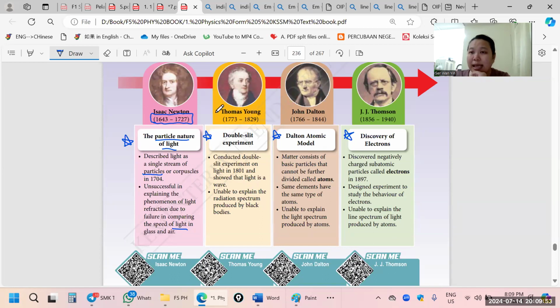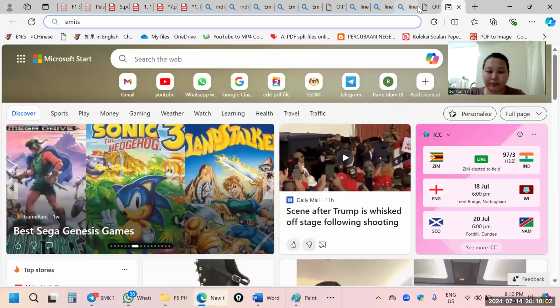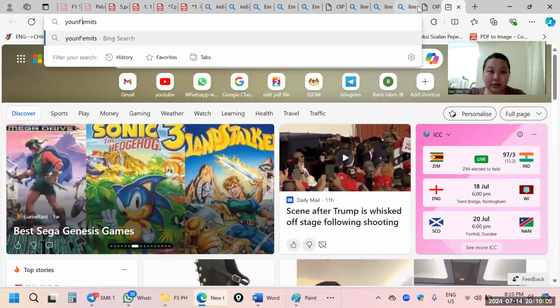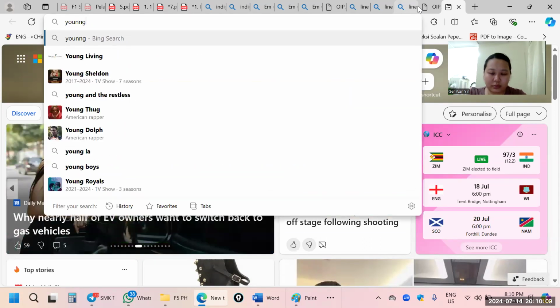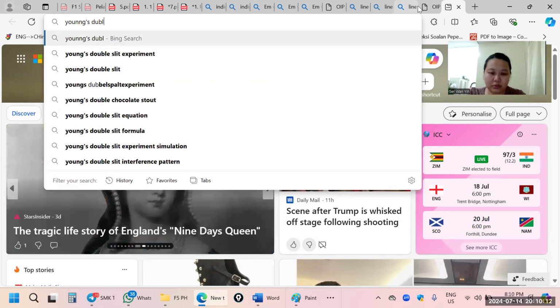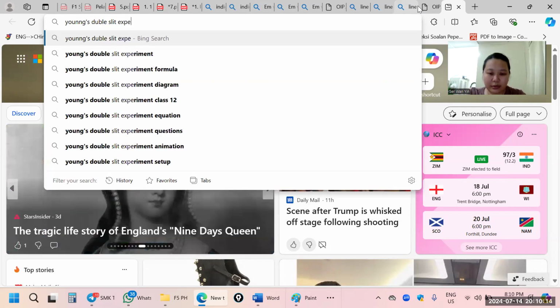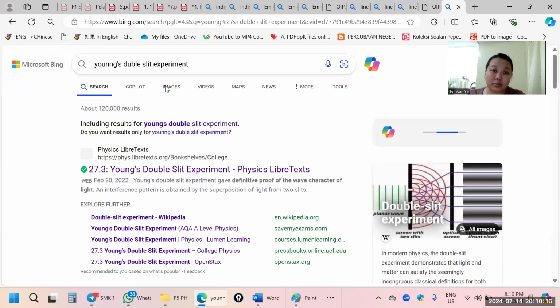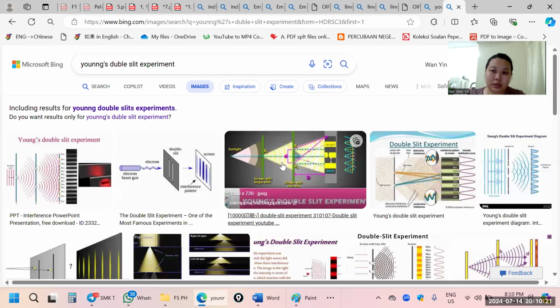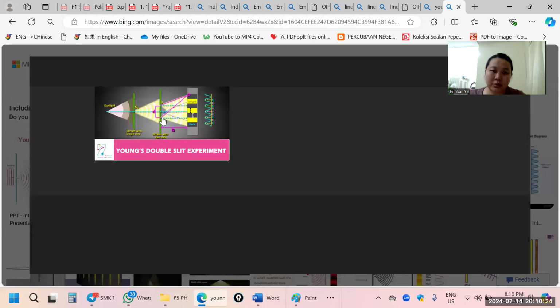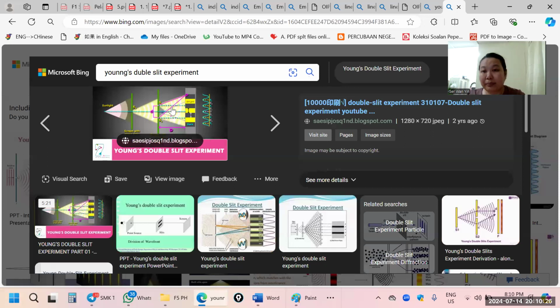Then comes Thomas Young. His very famous experiment is called Young's double slit experiment. This is how we do the experiment.